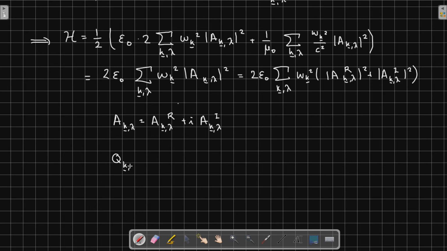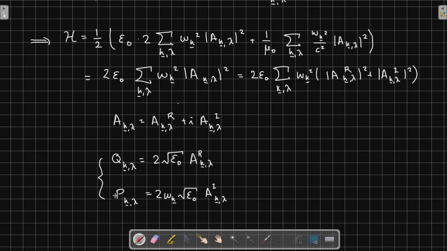So one is the following: q k lambda equal to 2 square root of epsilon 0 A real k lambda, and p k lambda equal to 2 omega k square root of epsilon 0 A imaginary k lambda. Now these are canonically conjugate variables.